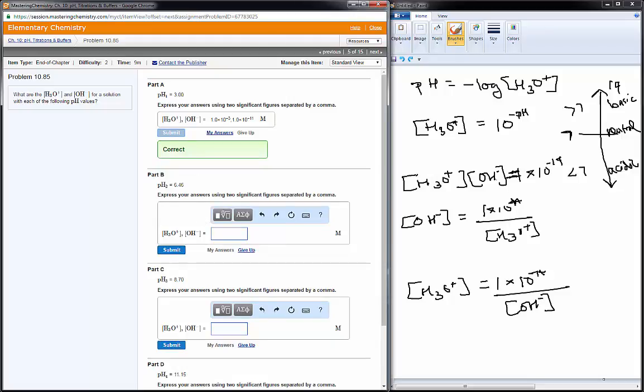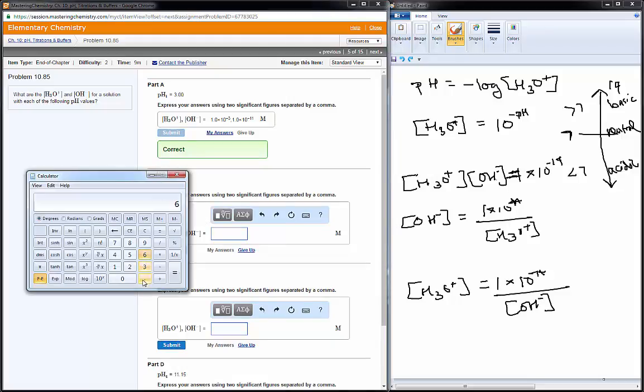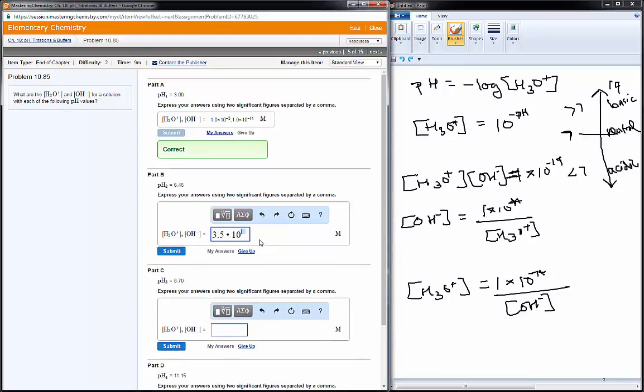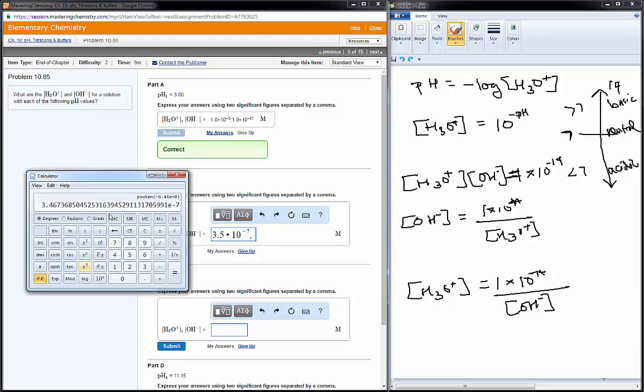Next, if my pH is 6.46, then 10 raised to the negative 6.46 gives me my H3O plus, using that equation. So that's 3.5 times 10 to the -7th. And if I want to know my hydroxide, I've got to take 1 times 10 to the -14th, divide by that.